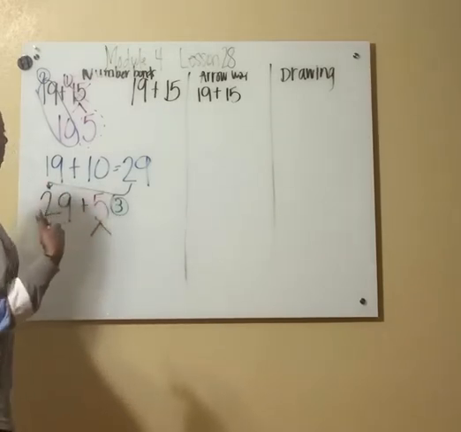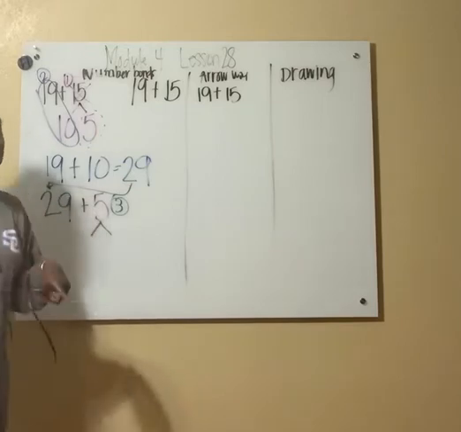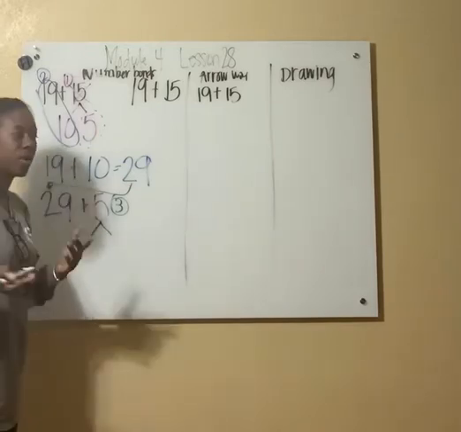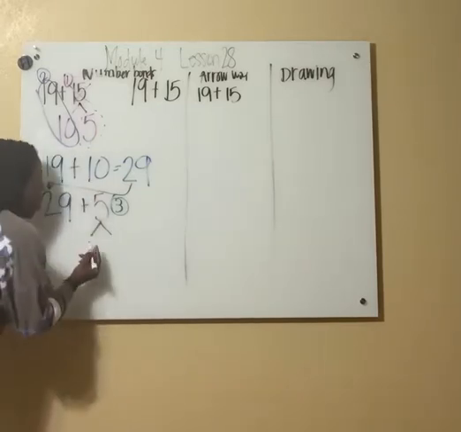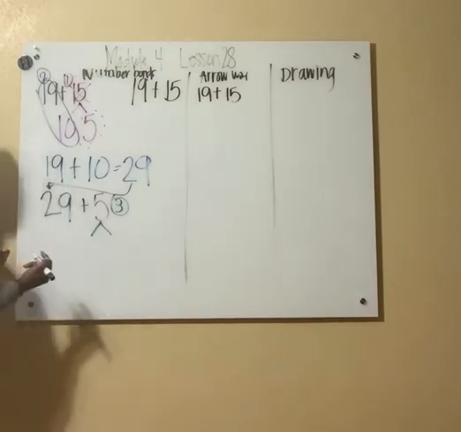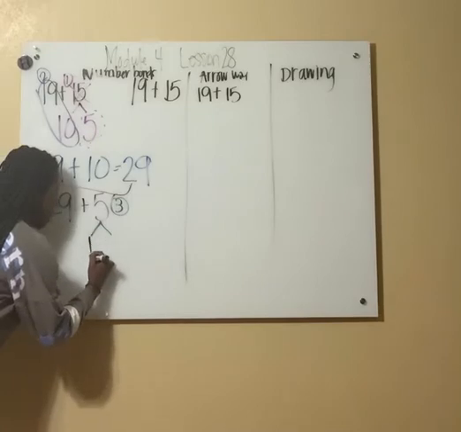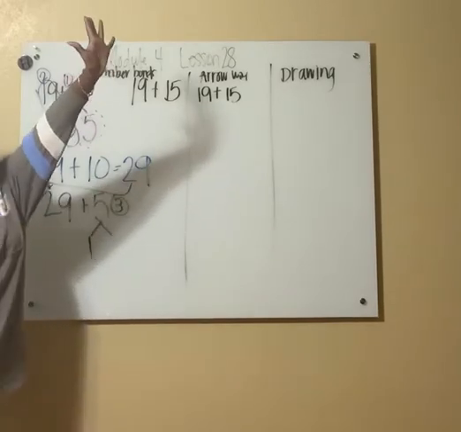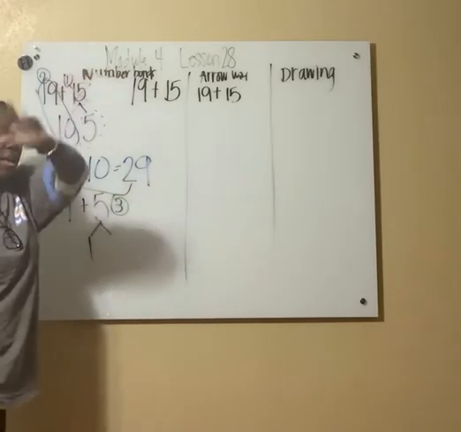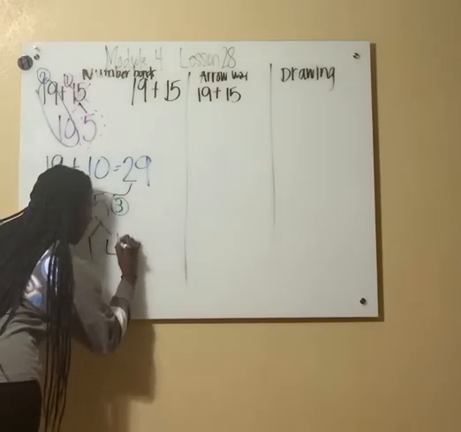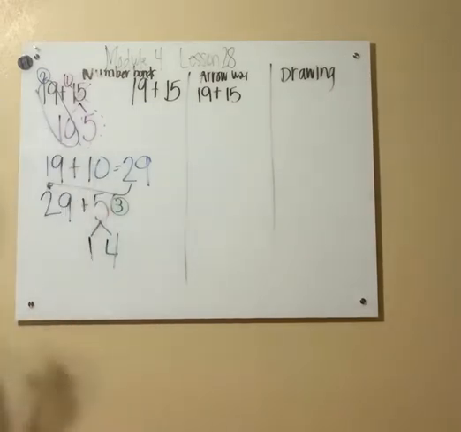So remember, we're trying to get numbers that are going to make this easier to add on. So I would add one more. 29 needs one more. And if I have 5 and I take 1 from my 5, I only have 4 left. Got it?